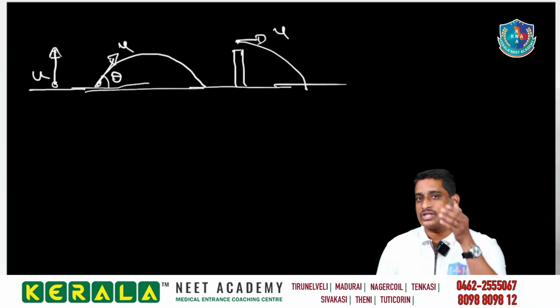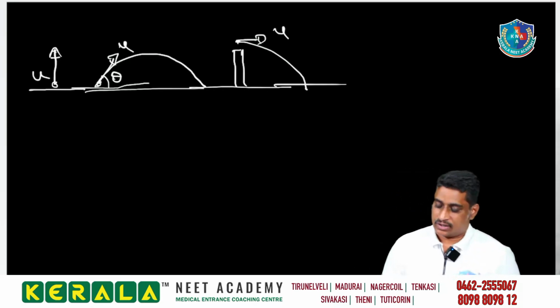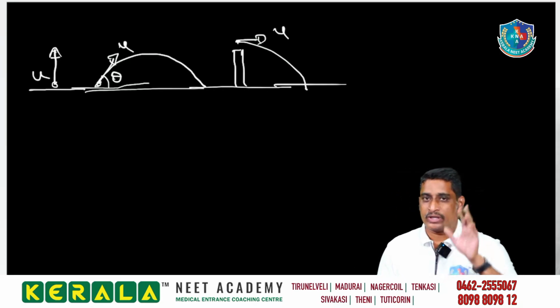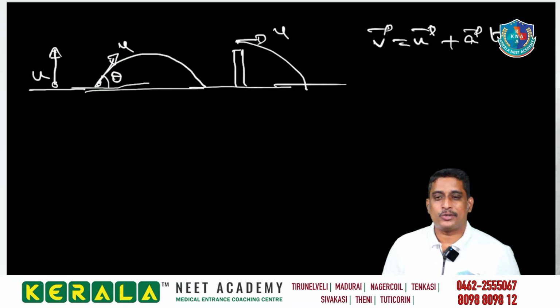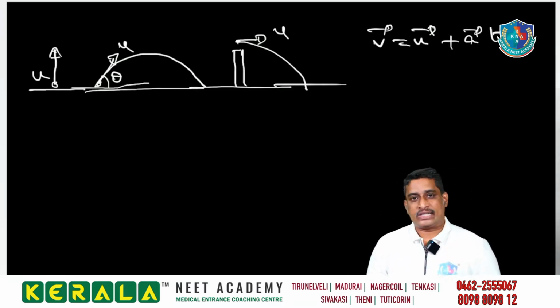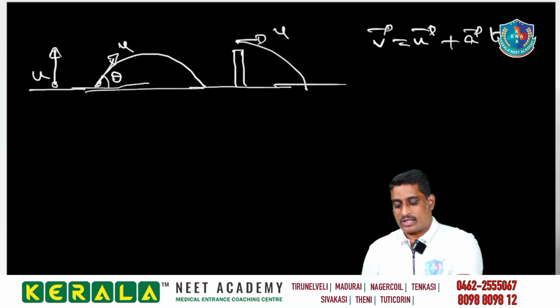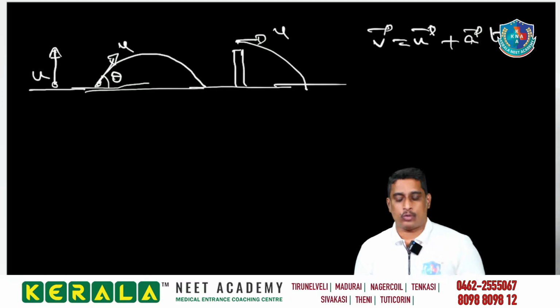Then how do you use these vector equations in getting different physical quantities? Just as an example, I will explain the first two equations. v̄ = ū + āt. You are very much familiar with unit vectors. If you express these physical quantities in unit vectors, very easily you will get the final physical quantities.